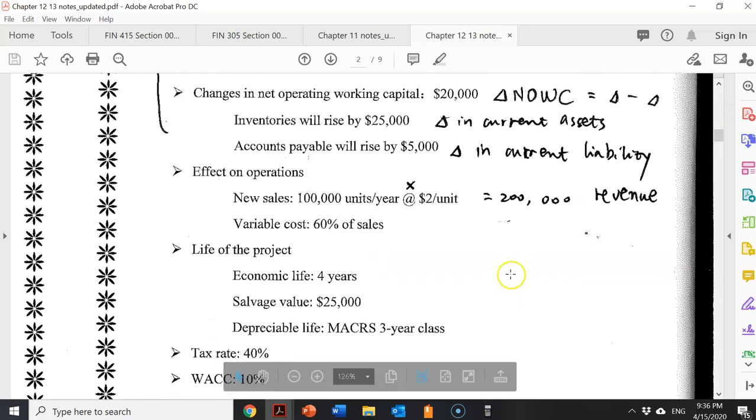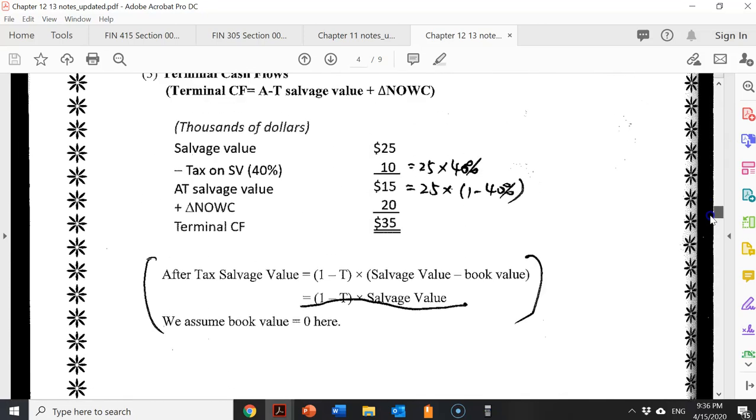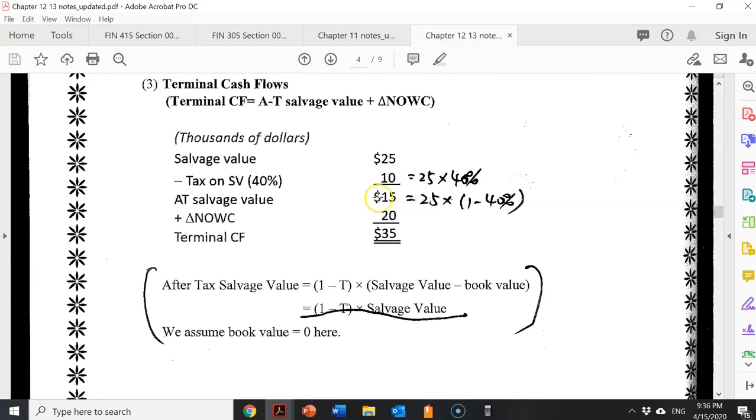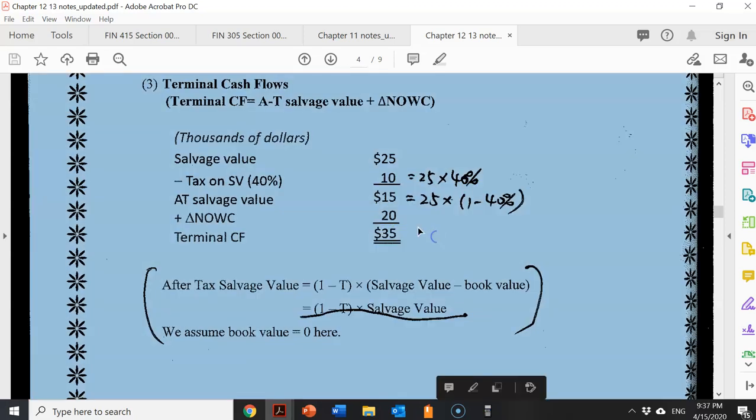And the delta net operating working capital is the initial delta net operating working capital, 20,000. So we have the salvage value 25 multiplied by 1 minus T, plus delta NOWC.